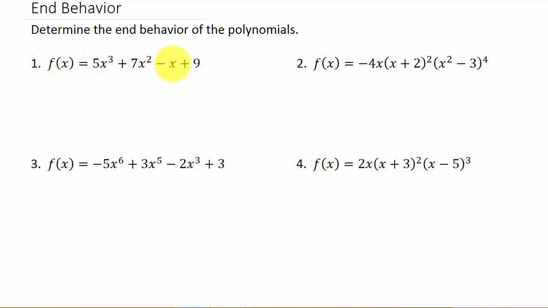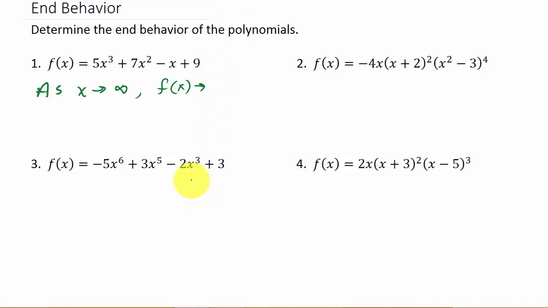Let's look at the first one. We've got the polynomial here. So we want to say, as x goes to infinity, f of x, which is the same thing as y, is going to what? Is it going to infinity or negative infinity?